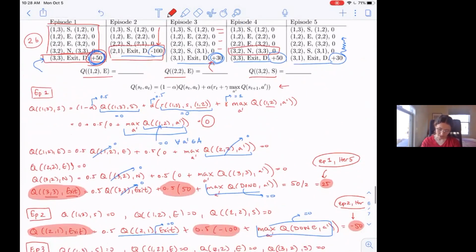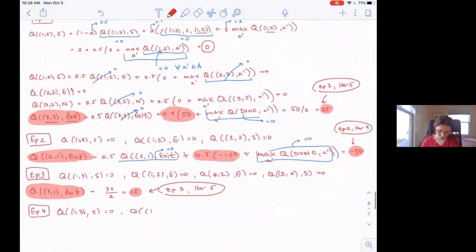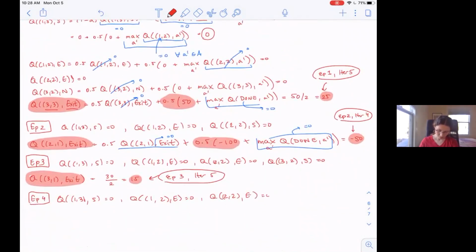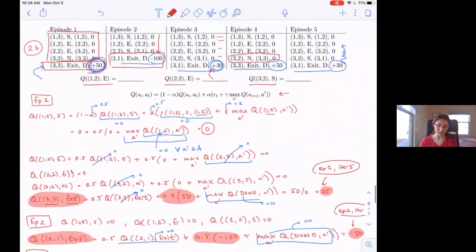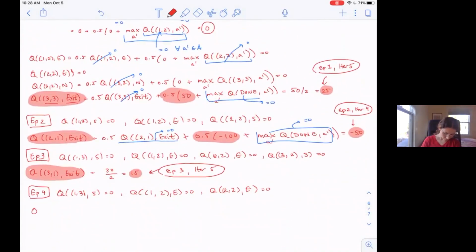I'm just going to quickly write down here that Q of 1,3 south equals 0, Q of 1,2 east equals 0, and Q of 2,2 east equals 0. But now let's update Q of 3,2 north.